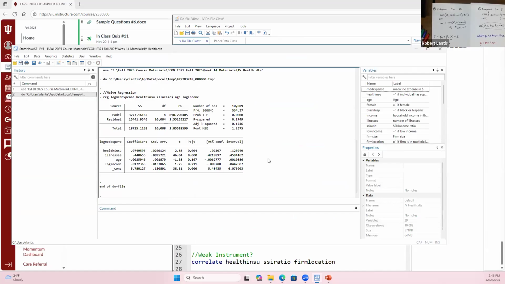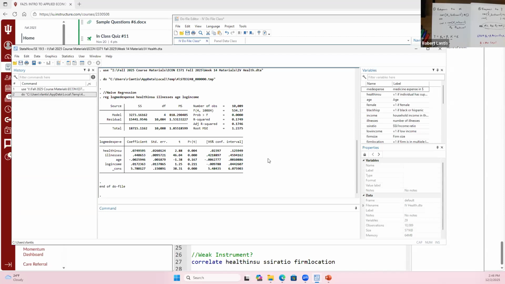So how would I interpret my coefficient on the natural log of income? So here, between income and medical expenses, if I've taken the natural log of both, how would I interpret that coefficient estimate? So I take the natural log, what are the units now in? Percentage. Percentages, right?